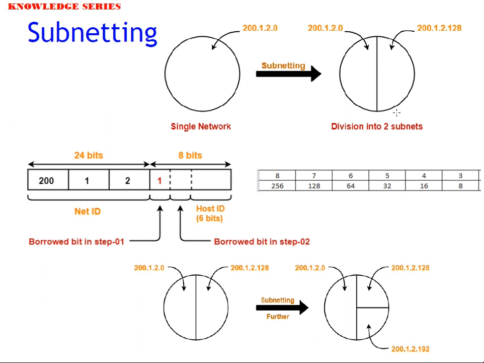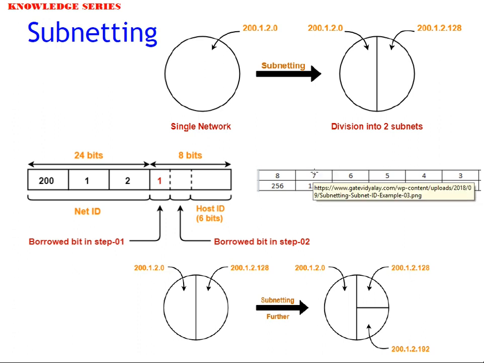We create the mask for the network side, and on the host side we borrow the bits. Here 1 bit was borrowed, so the MSB is 1, 10000000. Since 1 bit has been borrowed, 7 bits remain, and the borrowed bit shows as 128, so that is why we get the value of 128.